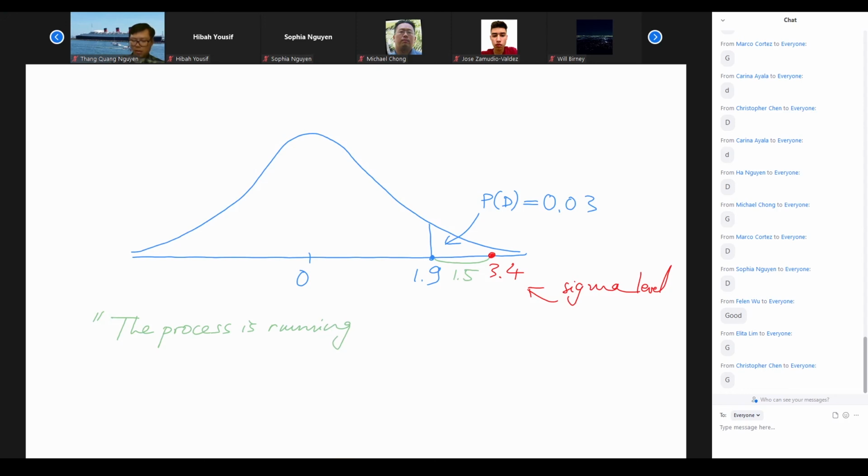So the process is running at 3.4 sigma. So if you are the director or the manager of this hospital, over time we might have to invest in the process and make it better, right? So that we can reduce the P of D and increase the sigma level of the hospital.